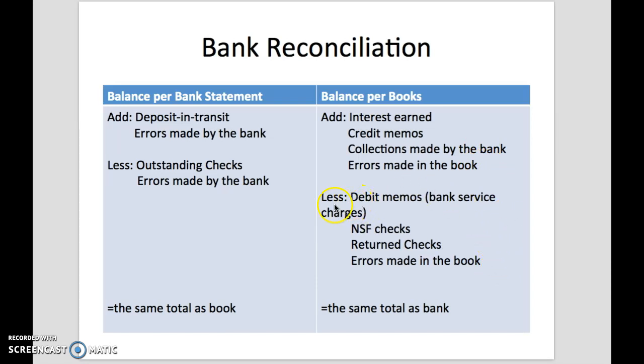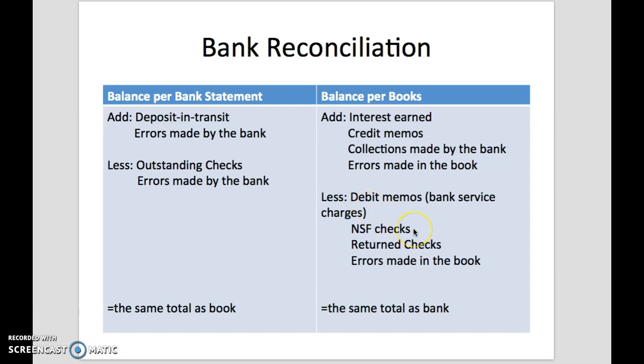Now, for debit memos, these are the decrease in cash in bank. So, for example, you were charged with the banking fees, and you will only find that out upon comparing with the bank statement. So, you subtract that from your cash balance in your own record.